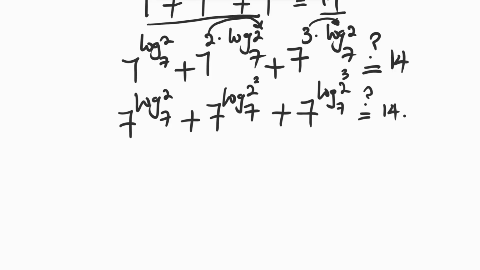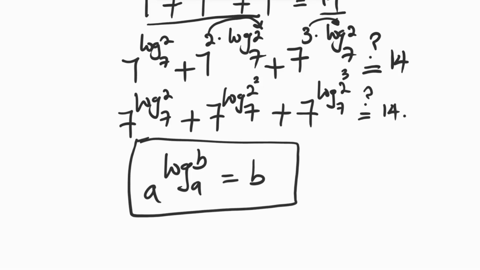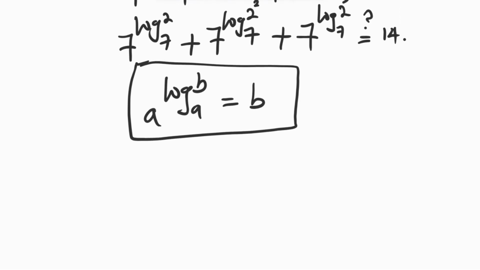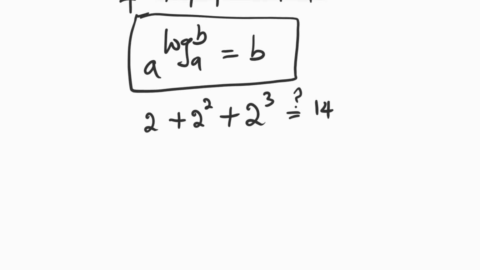Now, from the formula, we know that a to the log of b base a is the same thing as b. Now, applying this formula, we have 2 plus 2 squared plus 2 raised to the power 3. Is that equal to 14? So we have 2 plus 2 squared, which is 4, and 2 raised to the power 3 is 8.